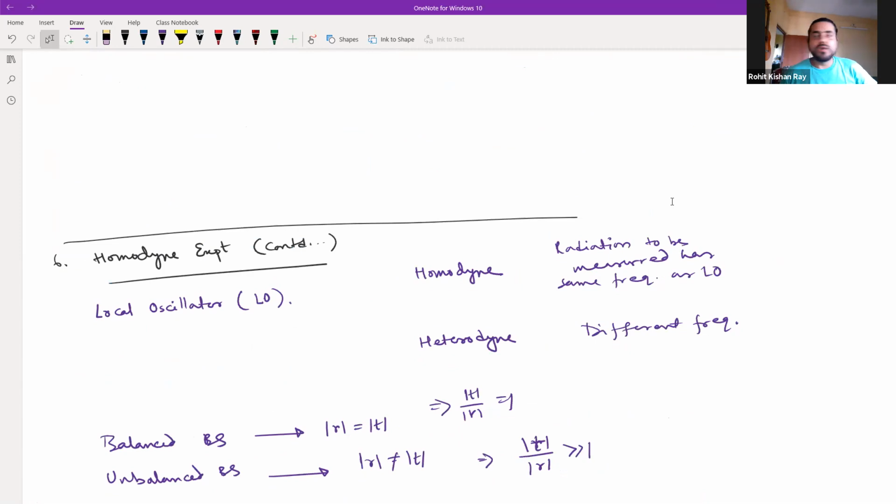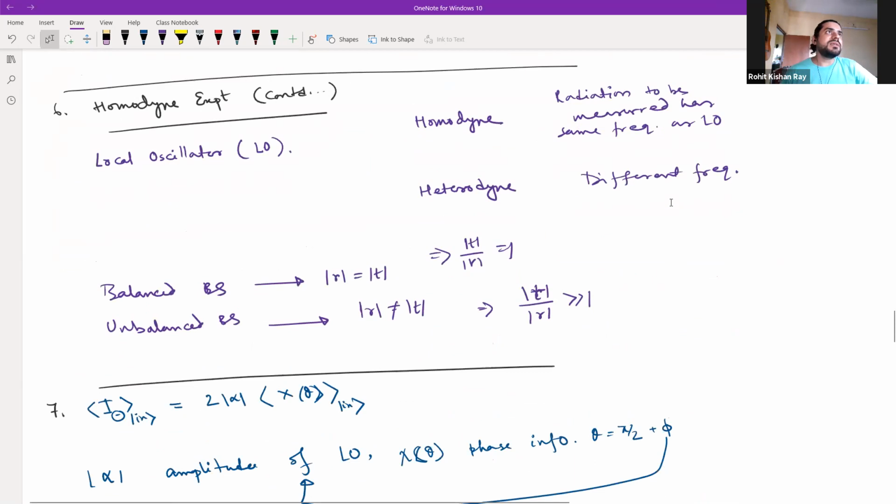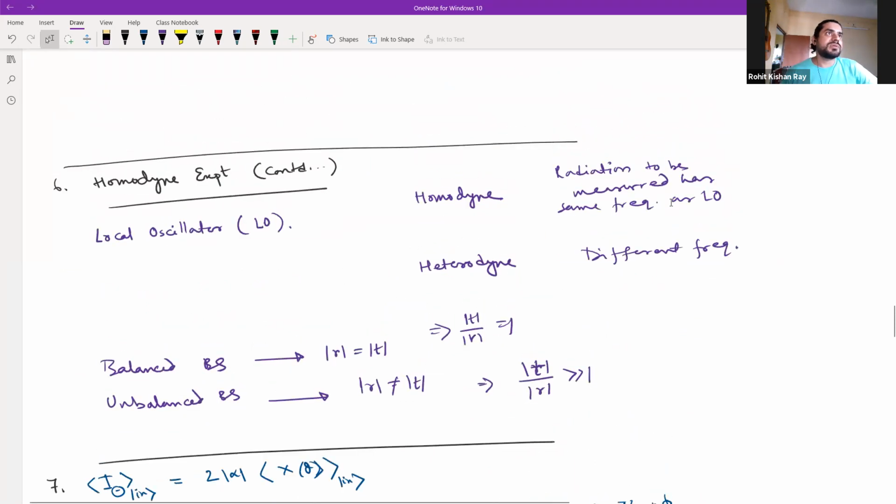So continuing from here, the question we have is, what is the difference between homodyne and heterodyne experiment, and what is balanced and unbalanced beam splitter? So basically, there is a local oscillator, like I was saying before, which is the coherent state generator, which you use as a baseline for the measurement, against which all the measurements are seen.